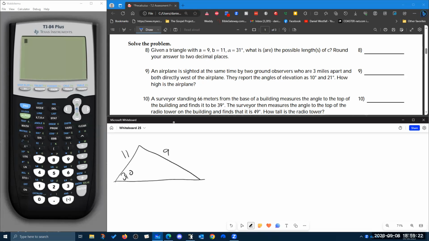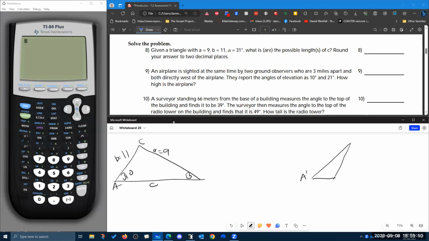This is side B, this is side A, this is angle B, this is angle A, this is angle C, this is side C. We need to find the missing sides and the missing angles, rounding everything to 2 decimal places. We also have the possibility of a second triangle over here.